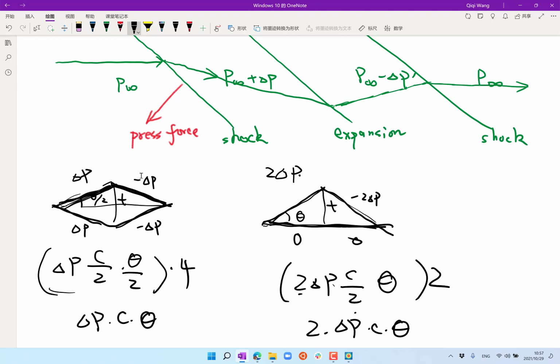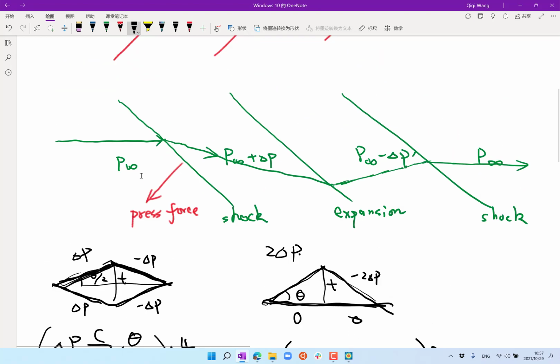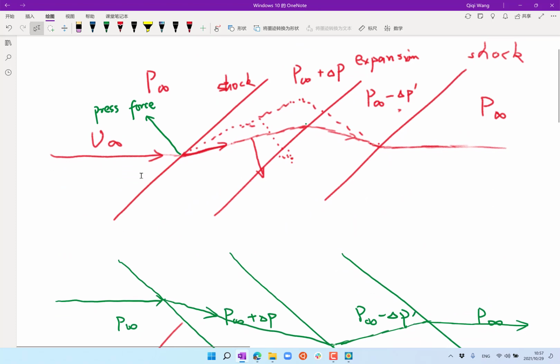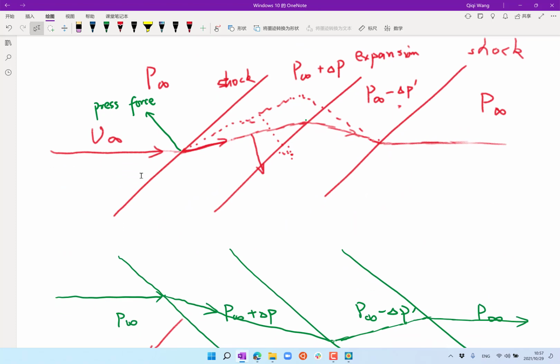The reason is this quadratic relationship of the drag component, right? Because when you change the slope, you not only change the delta pressure, you also change the angle of the action of the pressure. So you have a quadratic relationship of how the drag component due to pressure changes as you change the slope.